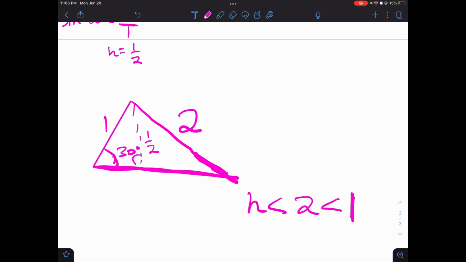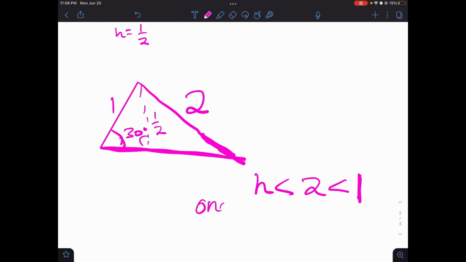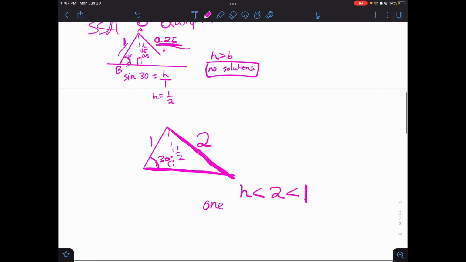So meaning we cannot have a value like this. Meaning this will have one solution. Because to make this side length 2, you'll have to keep going and going to the right instead of the left, because on the left it's not going to reach 2. So, yeah, that's the ambiguous case, and that's everything.